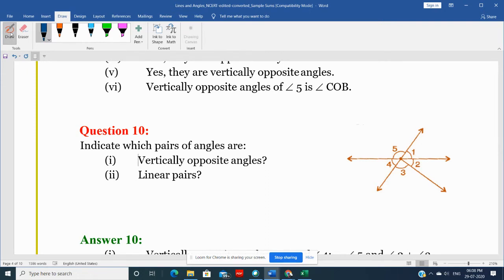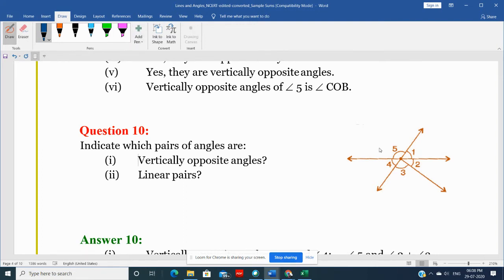As I said, whenever you want to find vertically opposite angles, you need to find the X so that you will have one common point at which both the lines are intersecting each other. All right, so let's find it out.